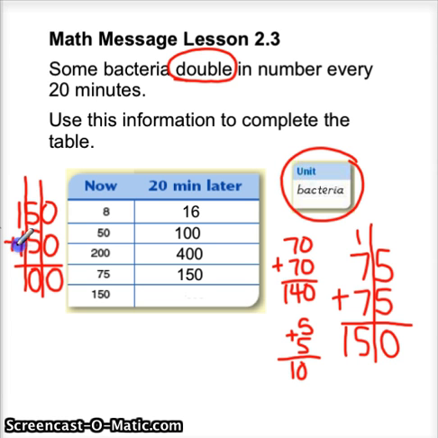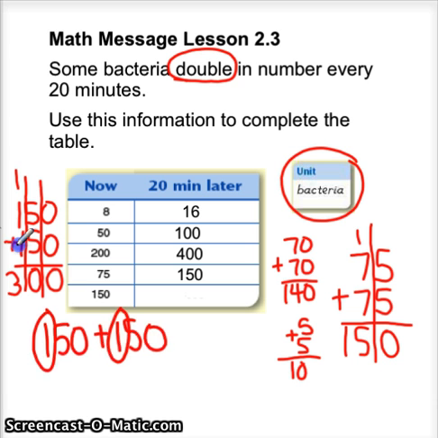So the 0 stays there and we have 100. And then 1, 2, 300. Or you could think of 150 plus 150 as 100 plus 100 to start with, which is 200. And then 50 plus 50 is another 100. Either way, if you double 150, you get 300.